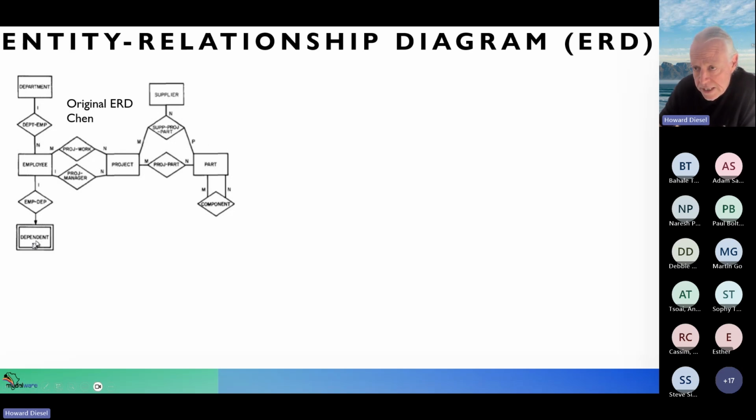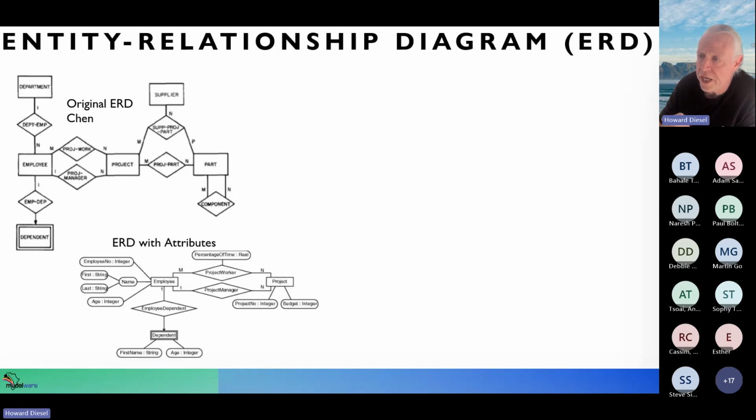Now, when it has a double border, that means it's a dependent entity. Now, these diamonds represent relationships. So you can see here we've got different types of relationships between employee and project. We can have this employee is working on the project, or this employee is the project manager of the project. So there are different types there that come in. And then you've got this many-to-many, one-to-many scenario that you're playing out in the original Chen diagram.